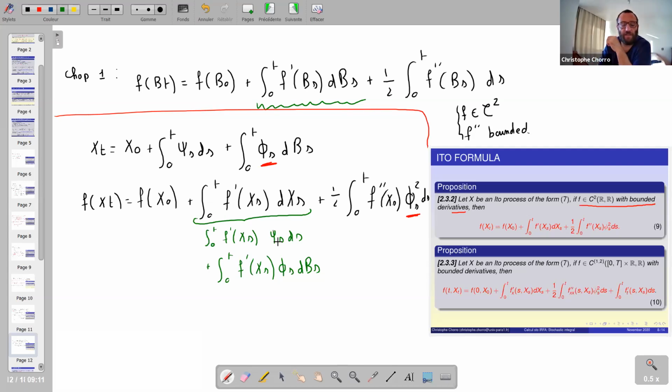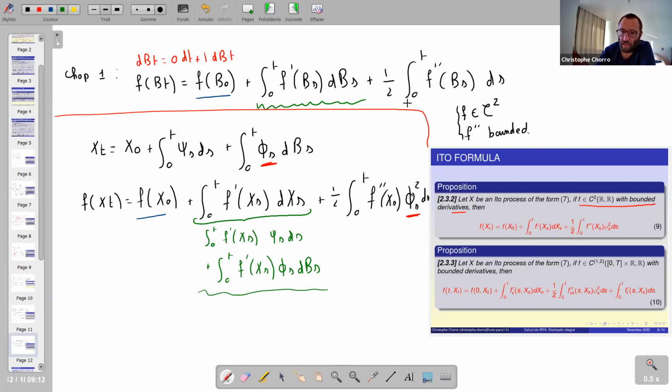What can I say? In the case of the Brownian motion, I know that the Ito decomposition of the Brownian motion is 0 dt plus 1 dBt. If I apply this formula to the Brownian motion, I obtain f of B0, given by this term. I have the integral of f prime of Bs dBs, so if I replace Xs by Bs, I have exactly this term.